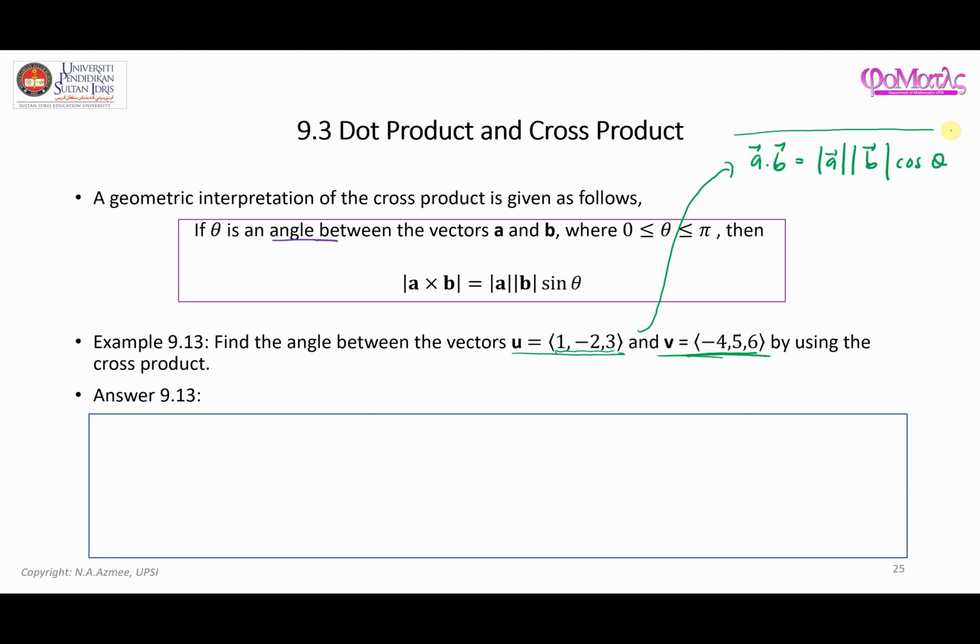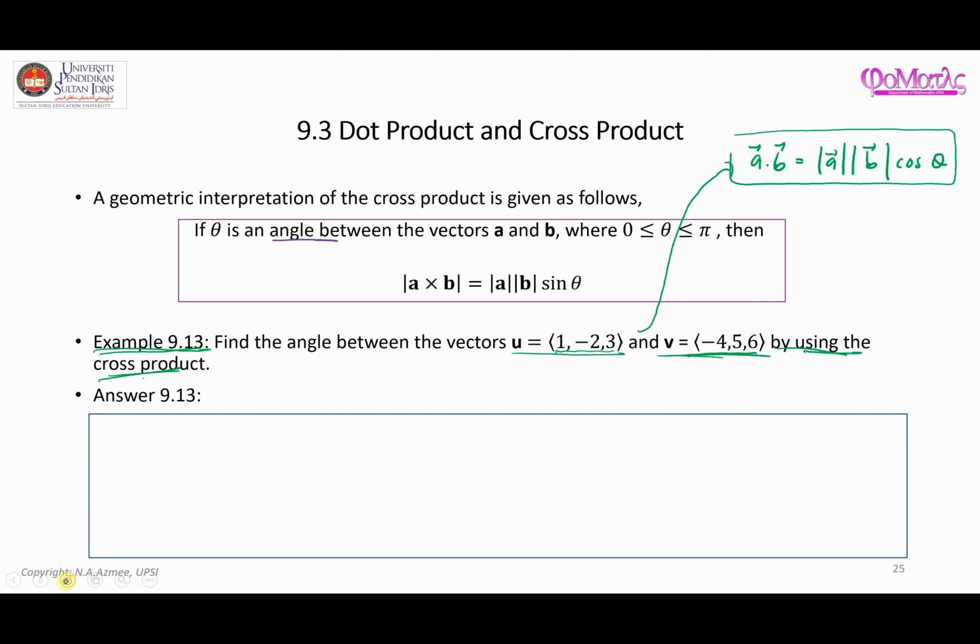So this formula also can be used to find the angle between the vectors. But in this example, it is specifically asked you to find the angle between these two vectors using the cross product. So we are going to apply this formula instead of this formula which you have seen in the dot product.